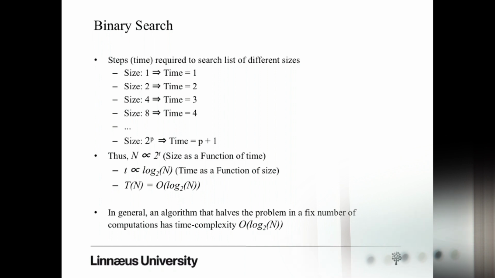Okay. So in that case, we can say that the time complexity for our binary search algorithm is log 2 of n. And why log 2 of n? Because at every step, we divide our problem into halves. Okay.